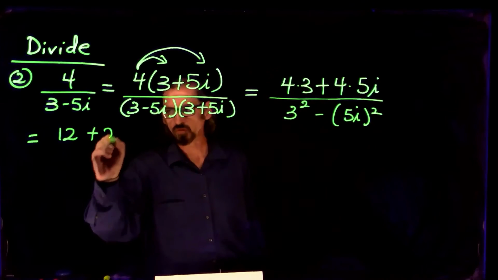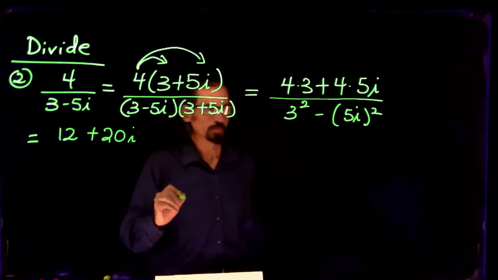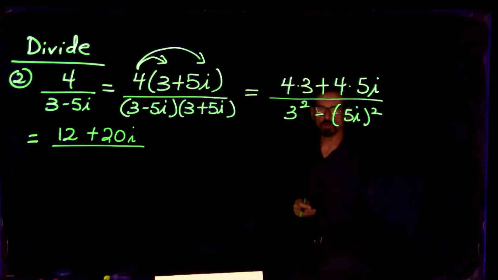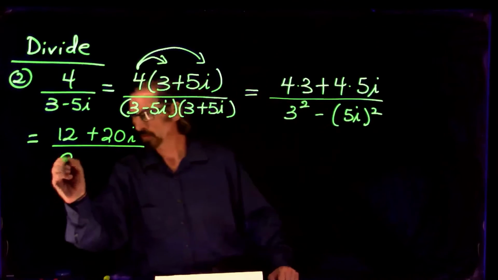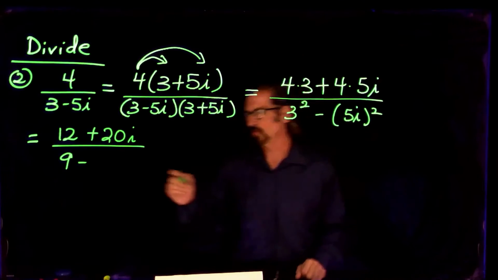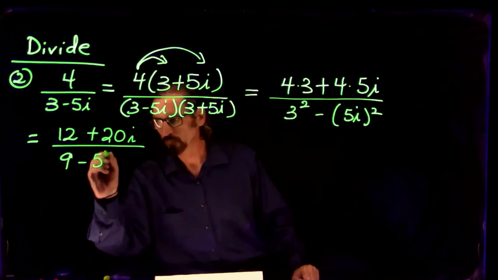So we've got 12 plus 20i in the numerator. In the denominator, 3 squared, that's 9. The square of 5 and the i, both of those factors.